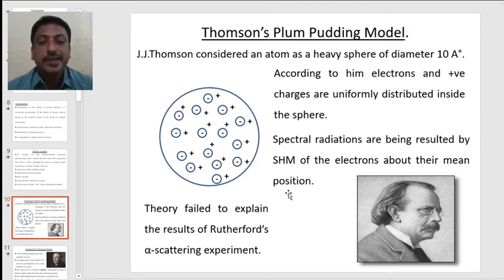These spectral radiations after being emitted will be responsible for producing the spectral lines. But the theory failed to explain the results of Rutherford's alpha scattering experiment.